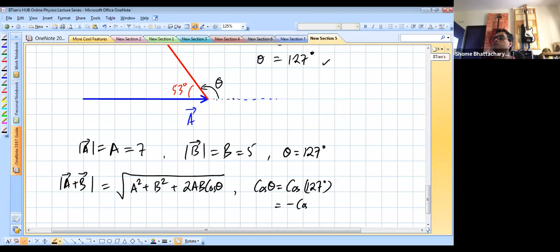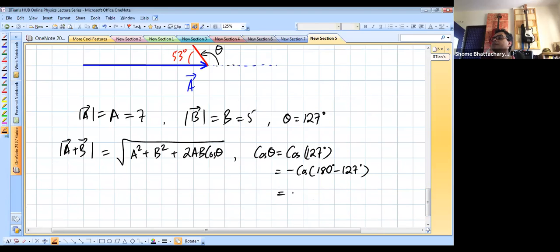So it is minus of cos (180 degrees minus theta), and theta here is 127. So that becomes minus of cos 53. And from your common knowledge of triangles, we know that this is minus of 3 by 5. Okay.